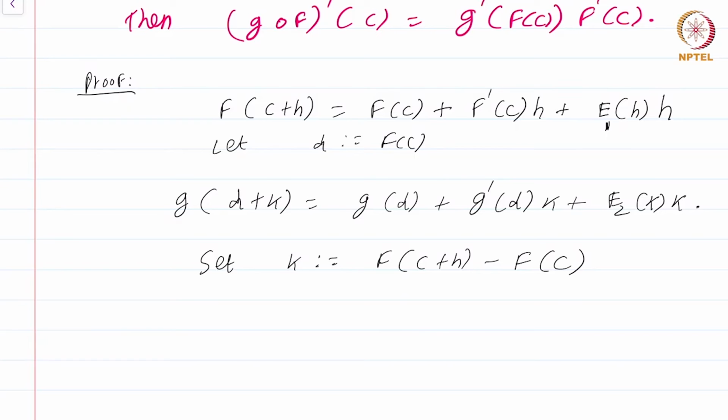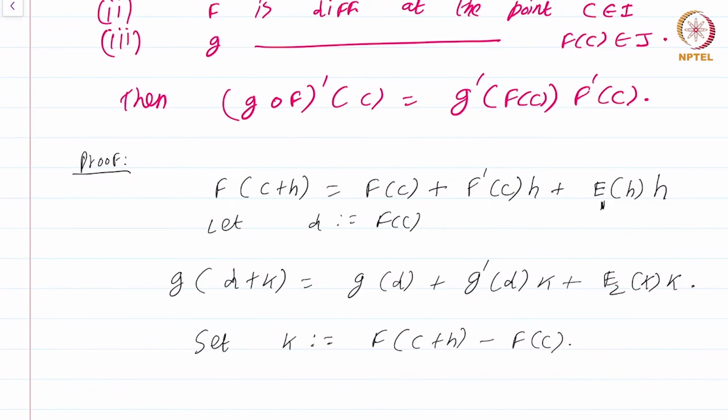Indeed that will happen if h is really small, because then f of c plus h will be very close to f of c, and all these manipulations that I am about to do will make sense.